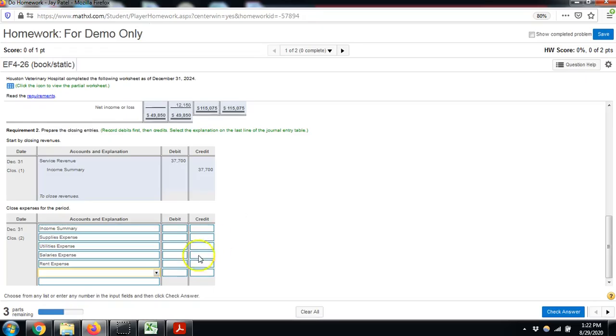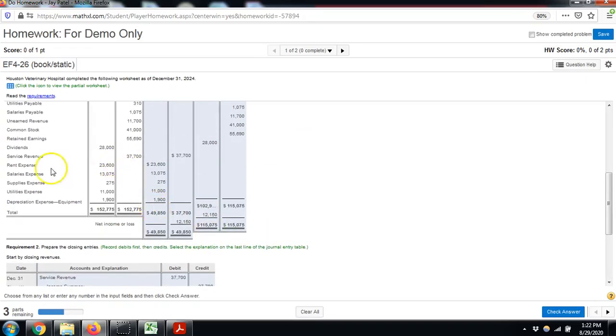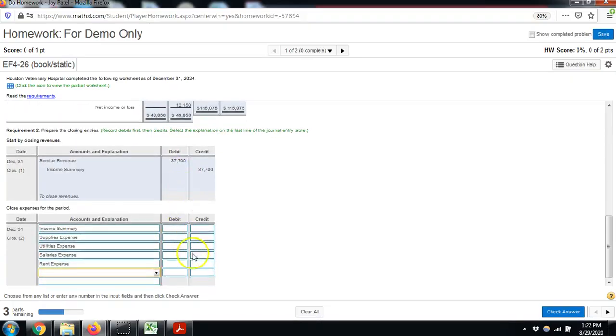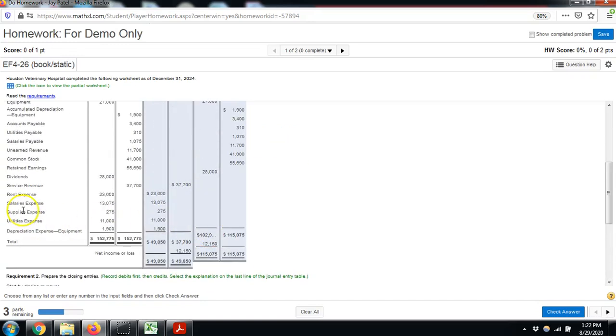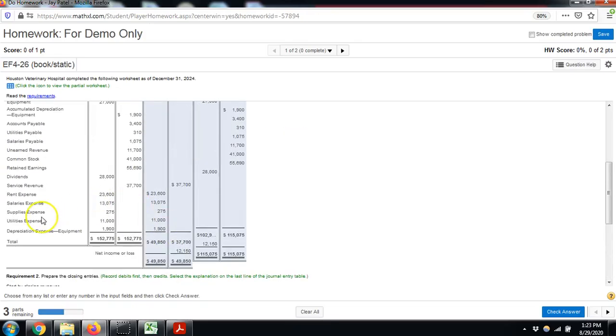So let's start filling in the numbers. We get our numbers from here, rent expense. And again, if you notice, our expense accounts again are debits. We're going to be crediting all of them by these amounts to basically get them to zero.